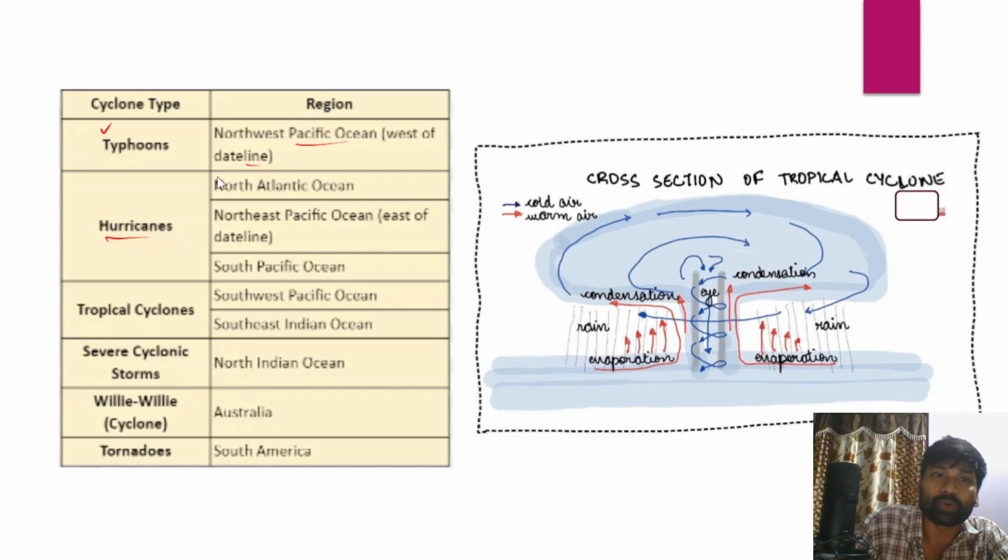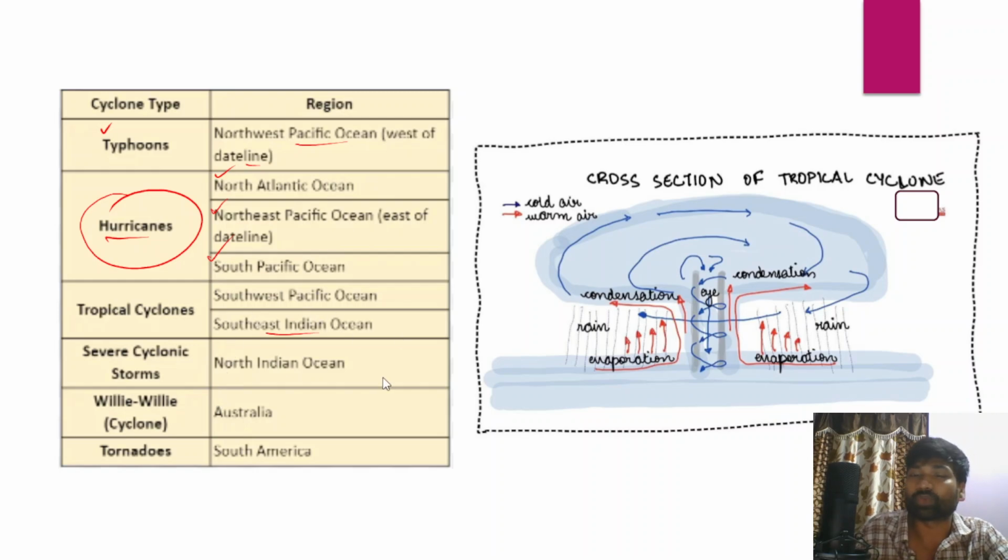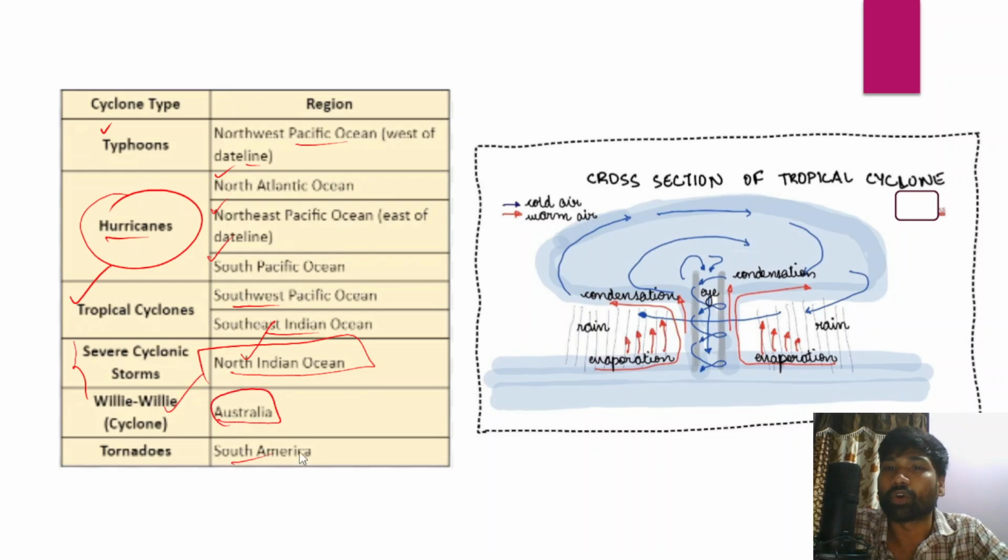Cyclones which originate over the North Atlantic Ocean and Northeast Pacific Ocean, east of the date line, are called hurricanes. In the South Pacific Ocean and Southwest Pacific Ocean, they are called tropical cyclones, and in the Southeast Indian Ocean we also call them tropical cyclones. Over the North Indian Ocean, they are called severe cyclonic storms, in Australia they are called willy-willy, and in South America they are called tornadoes, right?